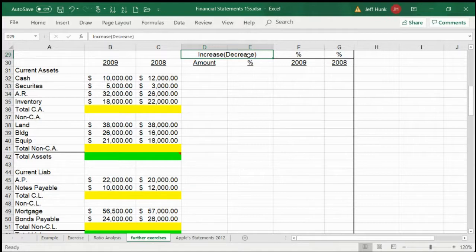Increase is positive change, decrease is, of course, negative change. And we want to find that in both amounts, dollar amount and percentage. First of all, in terms of dollar amount, you subtract the previous year from the current year.